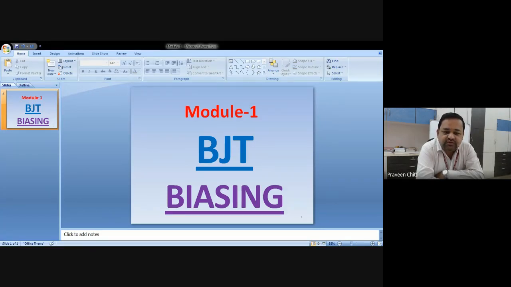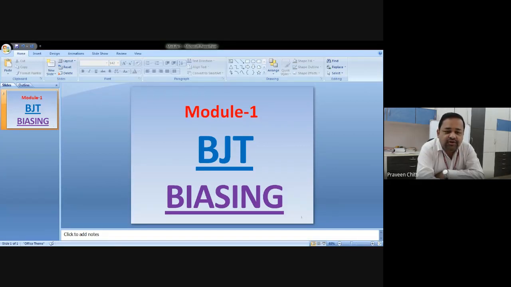Again, I am repeating: a bipolar junction transistor is a three-terminal, three-layer solid-state device consisting of two PN junctions, formed by sandwiching one type of semiconductor between a pair of opposite type. We know there are two types of semiconductors, P-type and N-type. So either we can sandwich a thin layer of P-type semiconductor between two N-type semiconductors, or a thin layer of N-type between two P-type semiconductors.